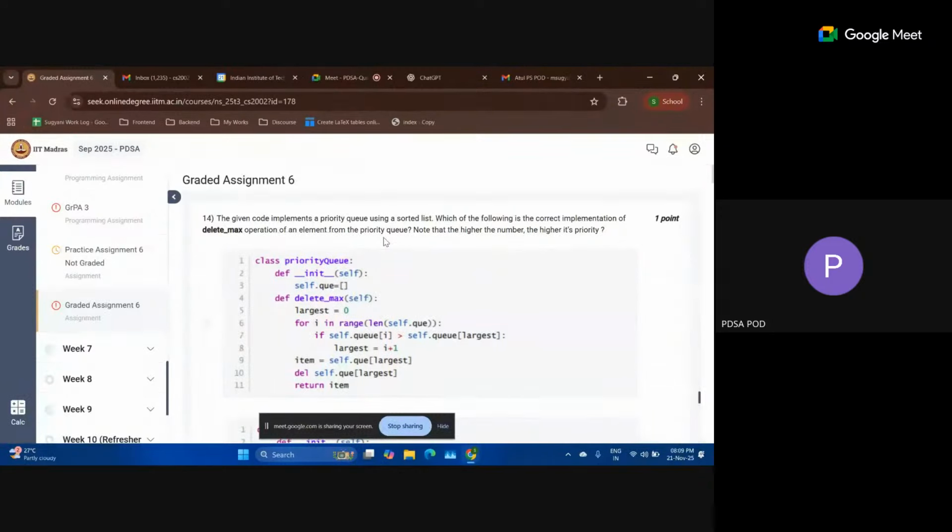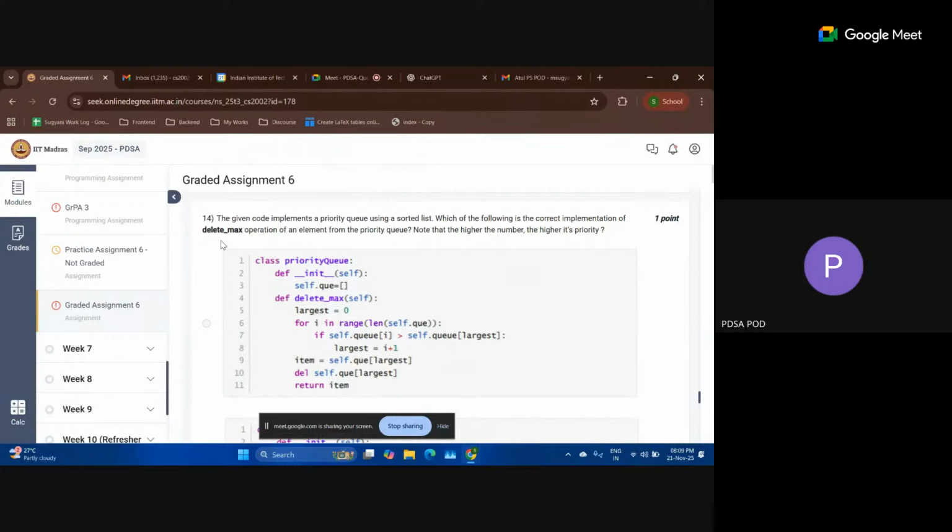The higher the number, the higher the priority, like 1 has low priority, 10 has the highest priority. When you are dequeuing, you will remove the element with the highest priority from this queue. Here you are asked to write the function for the delete max operation.